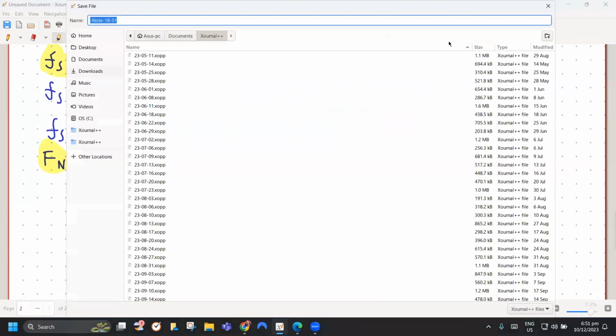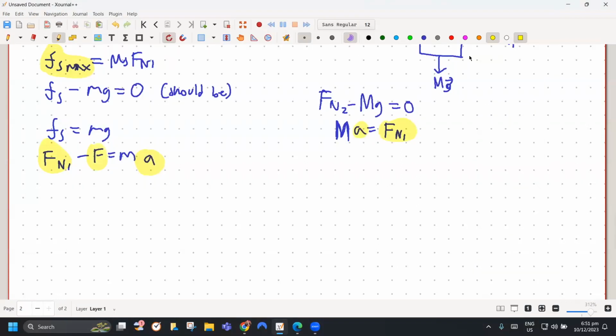Hindi, sorry, i-assume na yung big F, that's a parameter that we adjust. Kasi titingnan natin, ano nangyayari kapag binabago natin yung big F? Kaya we'll treat it as one of the knowns.